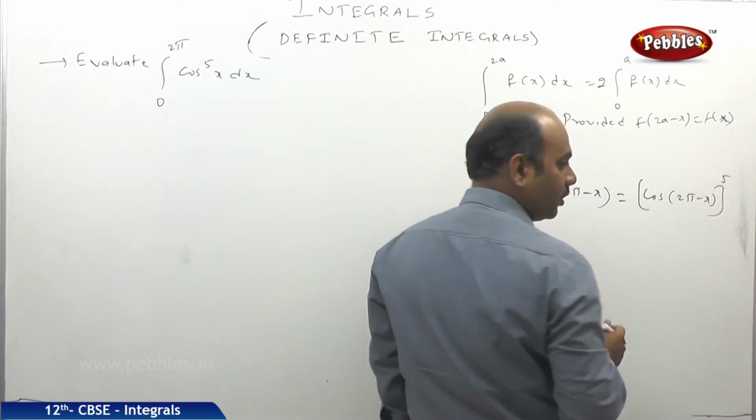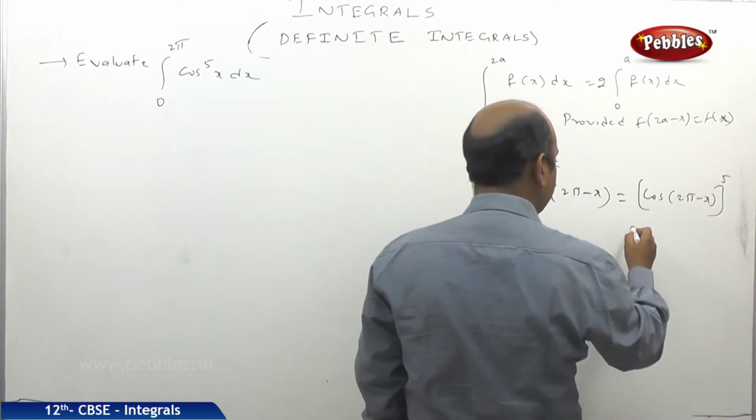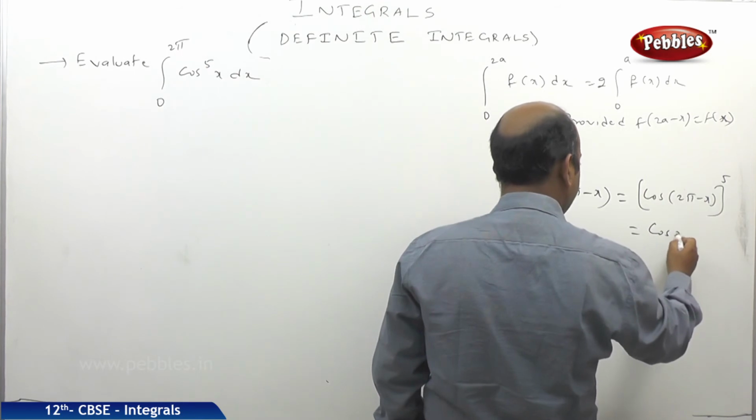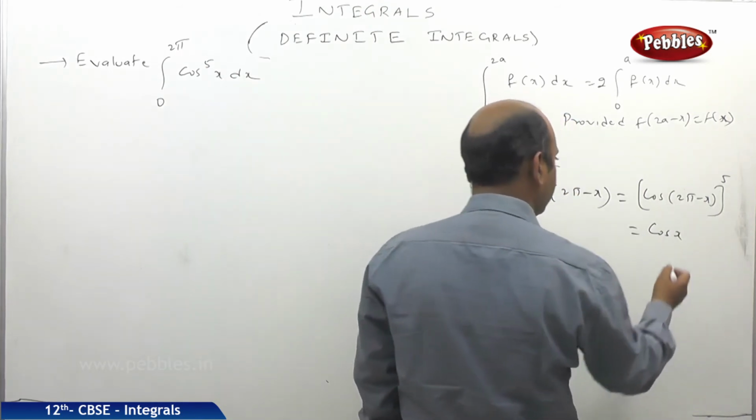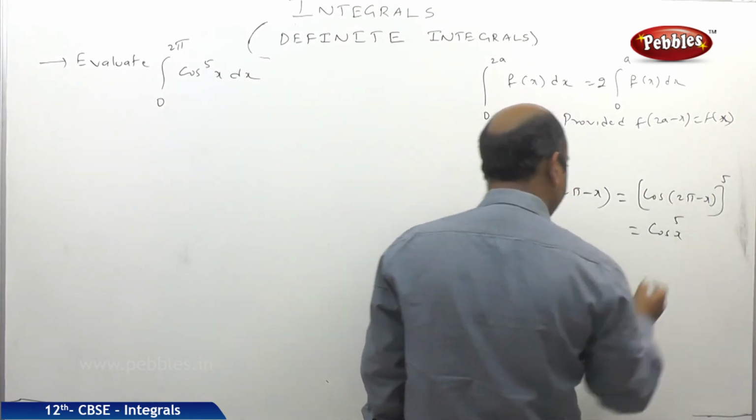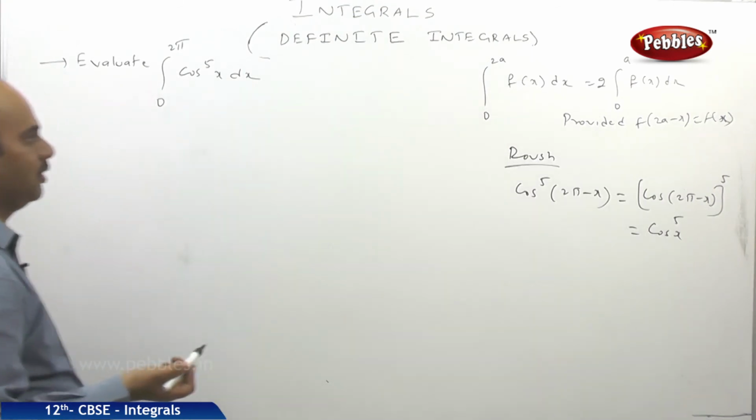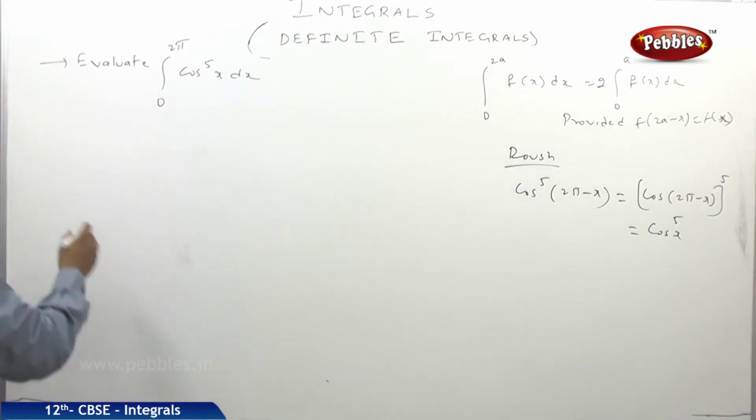So it is in the fourth quadrant. In the fourth quadrant cos is always positive. So cos of 2 pi minus x means cos x, and cos x whole power 5 means cos power 5x. So definitely I can apply that property.